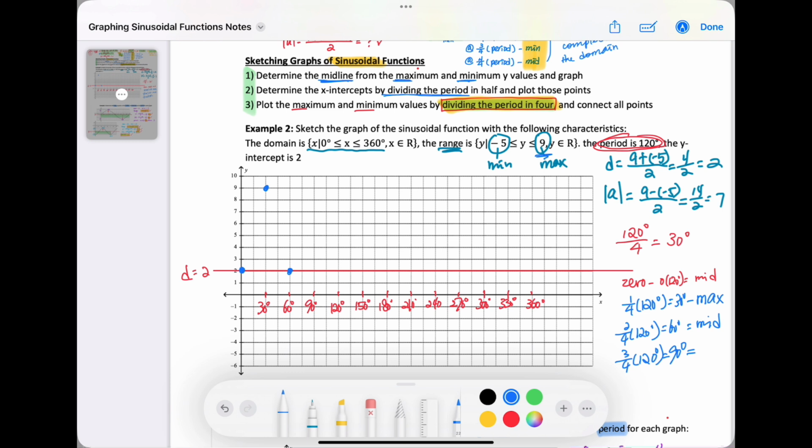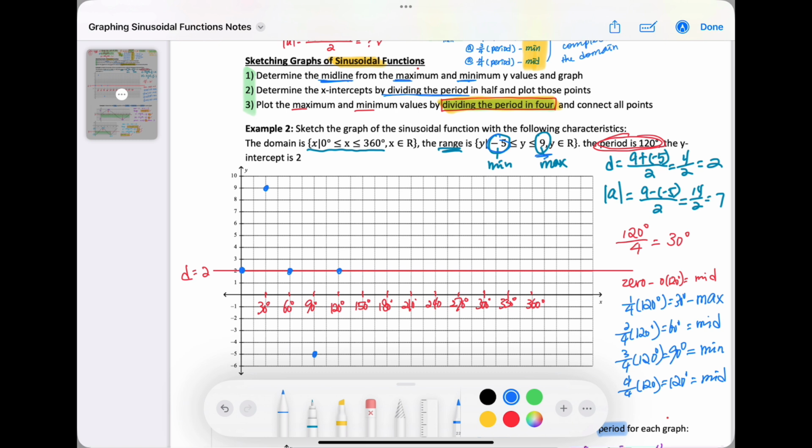That will get me to my minimum going down, and my minimum is -5. So when it's 90, I get to my minimum. And then one complete cycle: when it's at 120, I'm back to my midline.